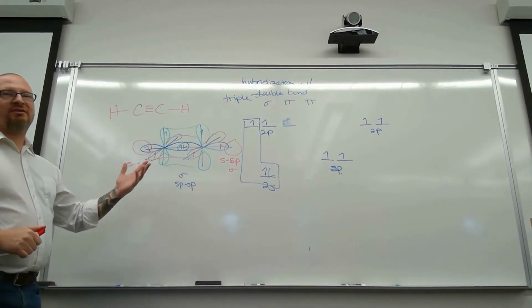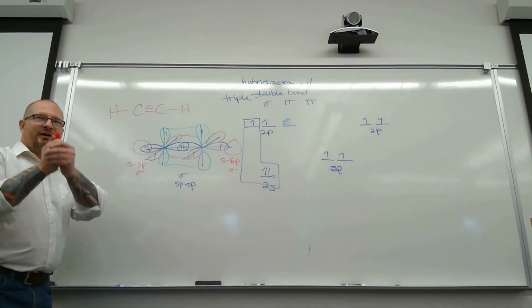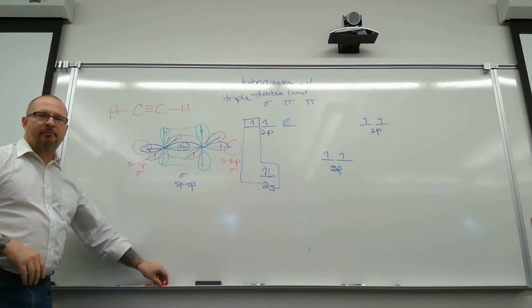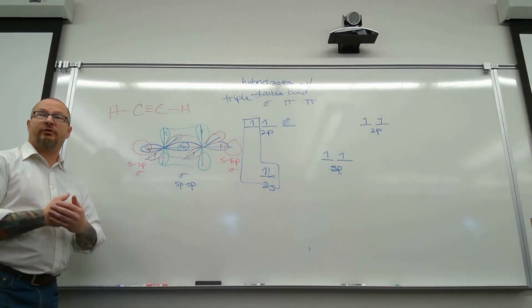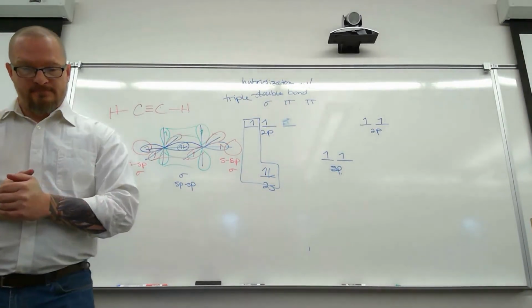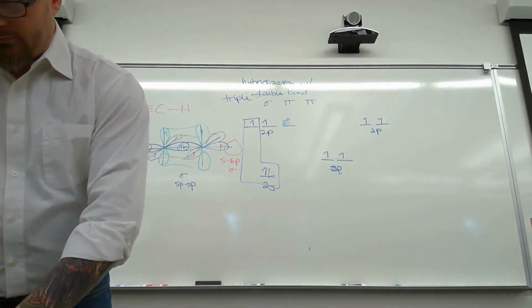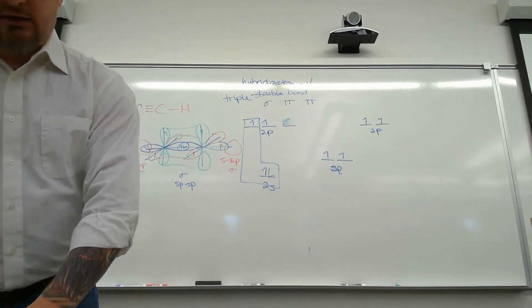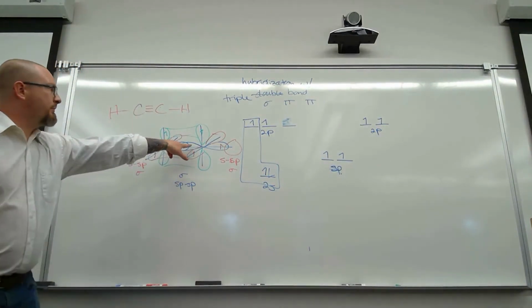And this drawing obviously gets a little bit busy, hopefully the colors help, but the picture in the book's pretty good also to get any kind of extra clarity. Which ones of that are the pi bonds? The nonlinear.